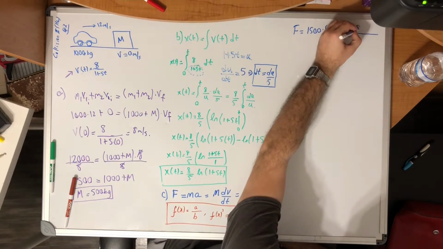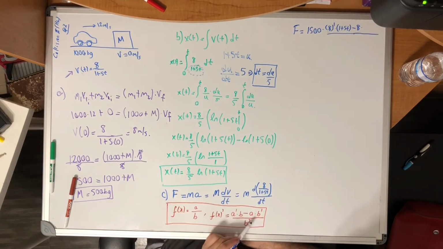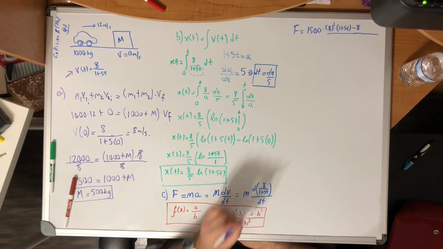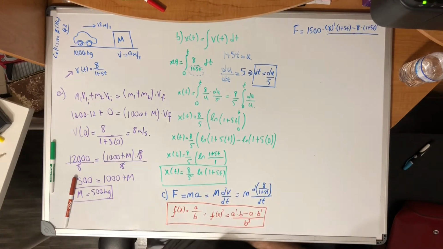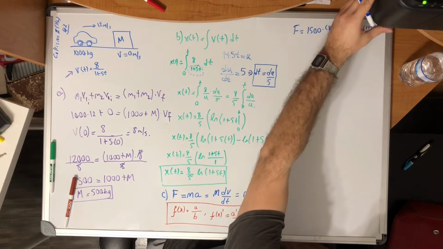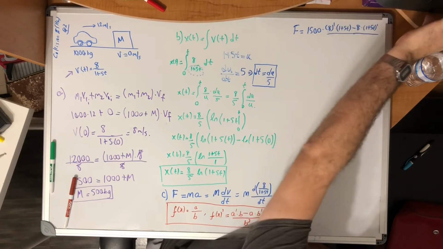So 8 times the derivative of the denominator, the derivative of 1 + 5t. Hopefully it's not blocking.